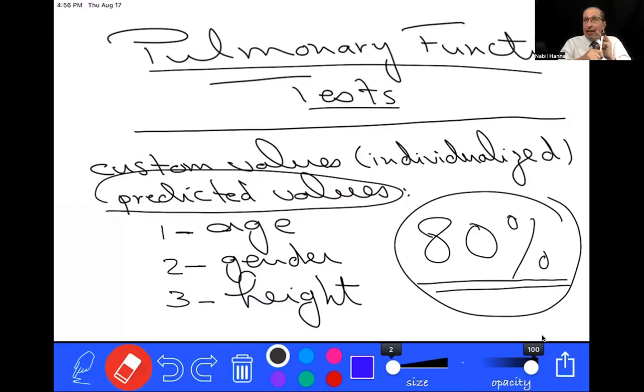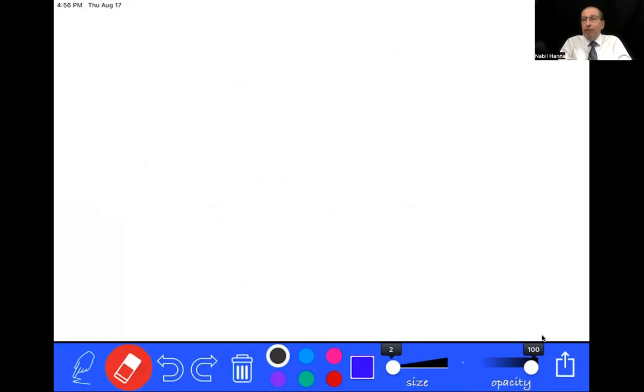Do I hear someone say, where is weight? Weight cannot be one of the parameters that determine the normal pulmonary function test values for you.